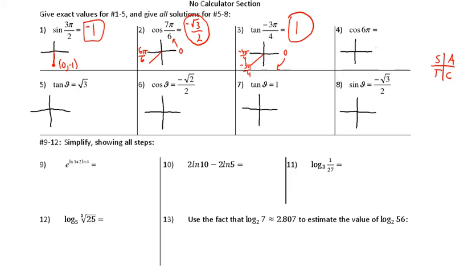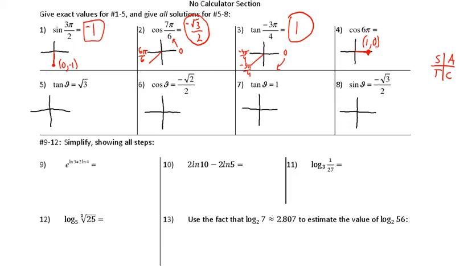Yep, we're right here. 6 pi is right here. What would the coordinates be right here on the unit circle? What comma what? It's 0 comma 1 or 1 comma 0. 0 comma 1. Well, don't forget. I mean, 1 comma 0. Yep, x has to come first, just like in the alphabet.